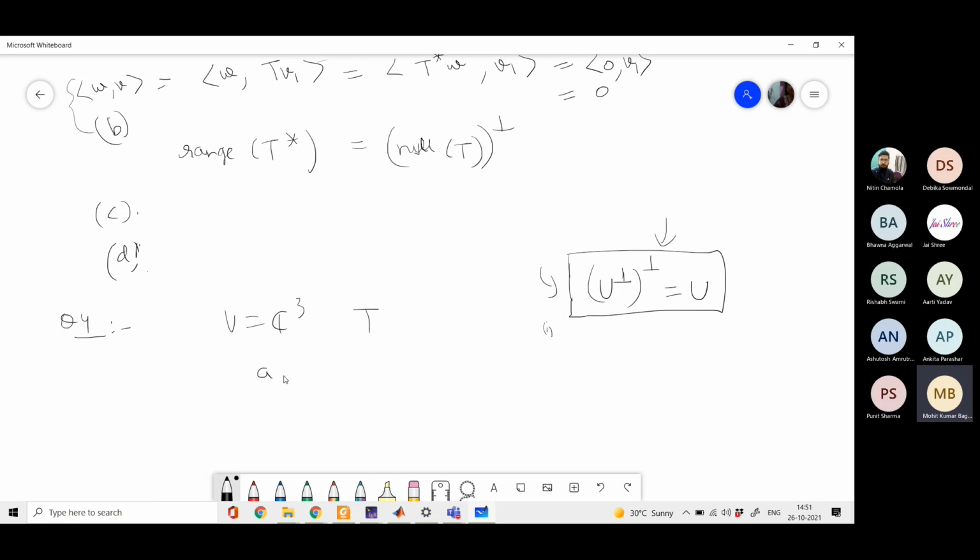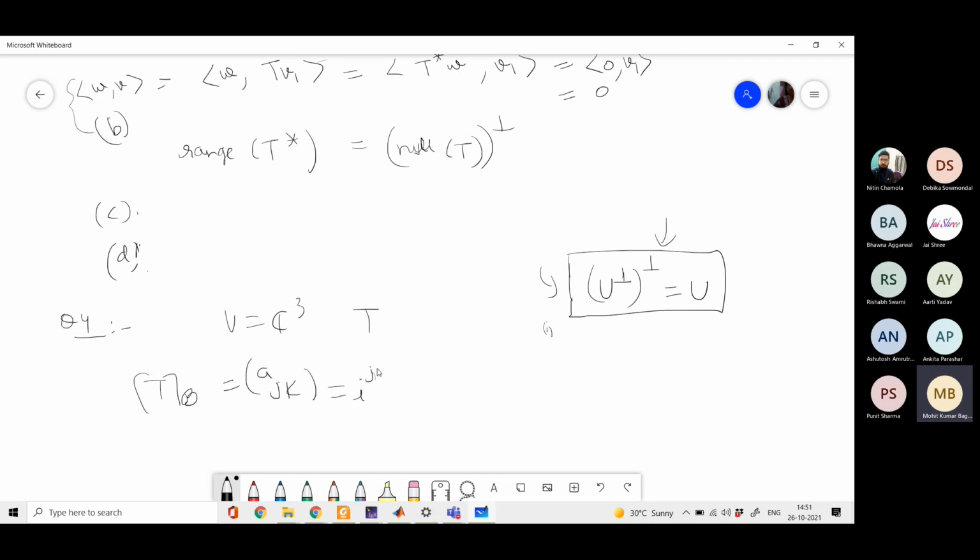So here T is a linear operator over this vector space, and the matrix representation of this T with respect to the standard ordered basis is a_jk equal to i to the power of this.